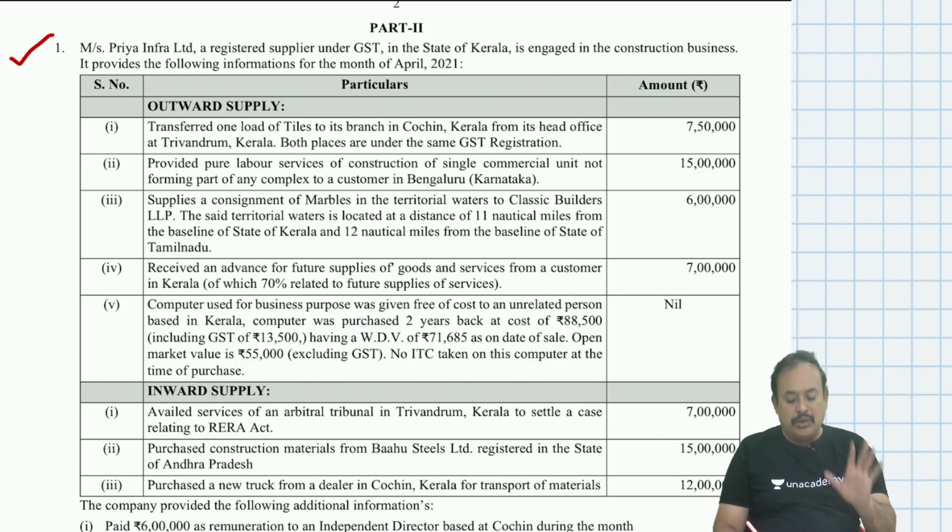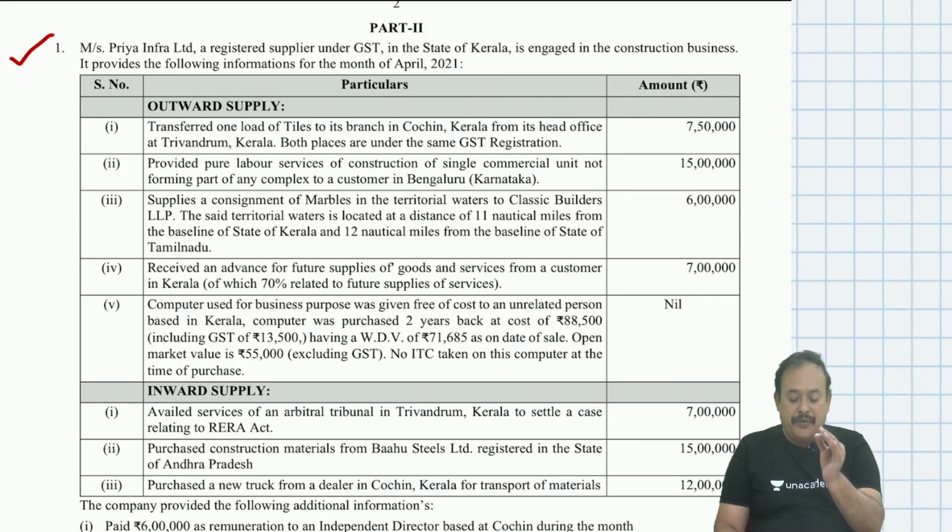Serial number, particulars, amount in rupees. Outward supplies. 1. Transferred one load of tiles to its branch in Cochin, Kerala from its head office at Trivandrum, Kerala. Both places are under the same GST registration.